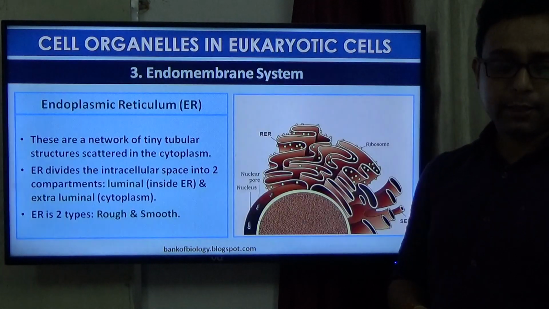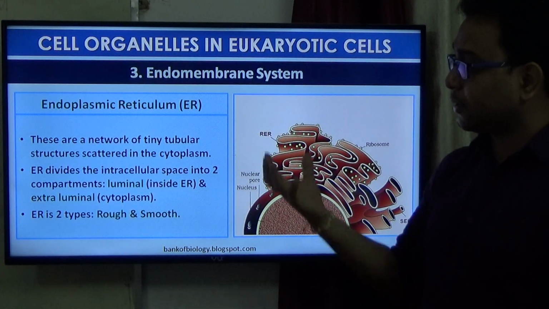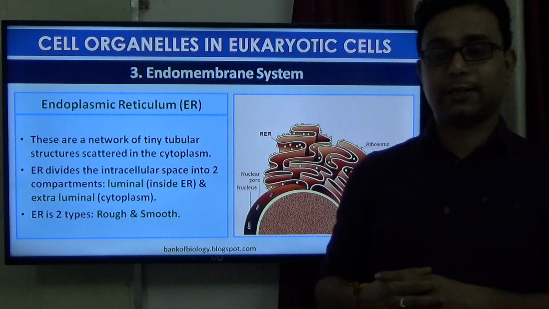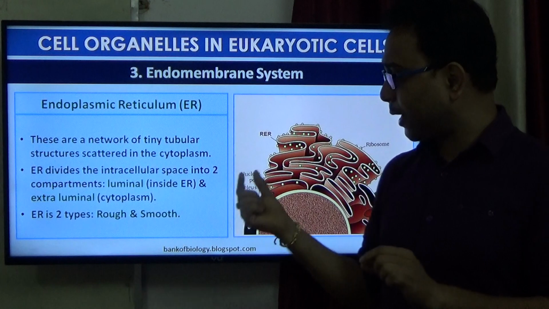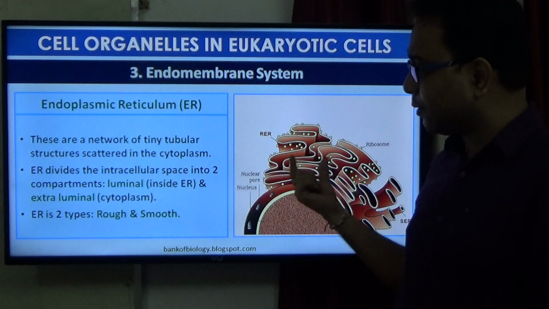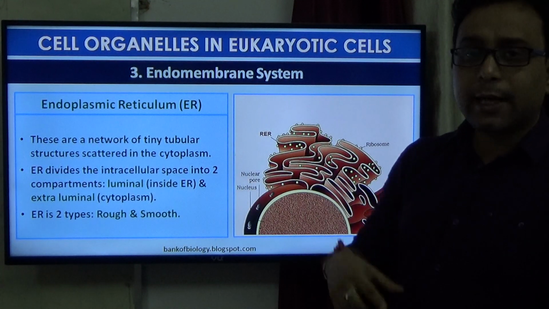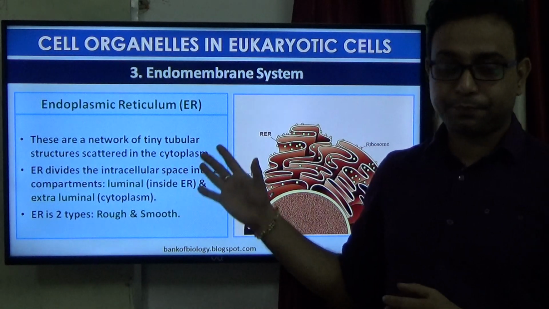At first, the endoplasmic reticulum. This is a network of tiny tubular structures scattered in the cytoplasm.